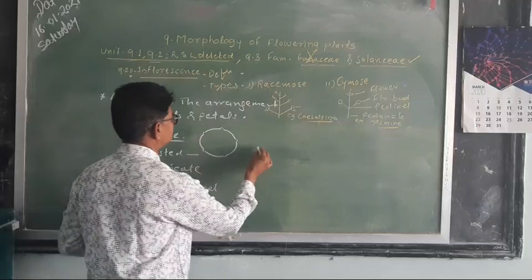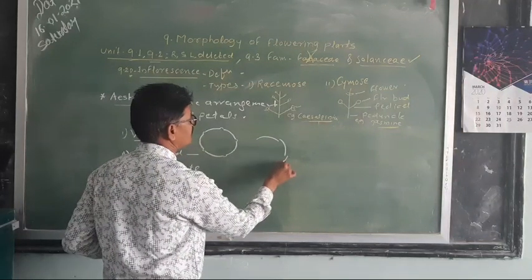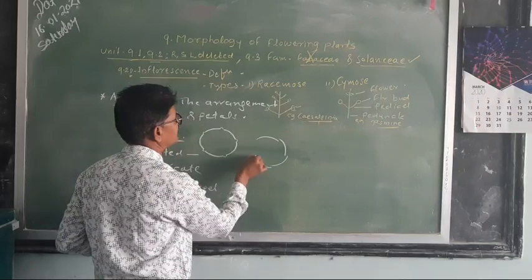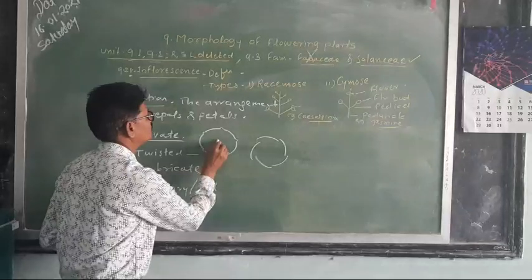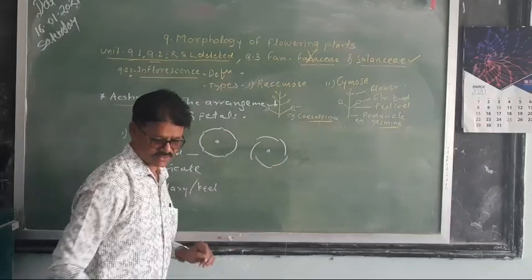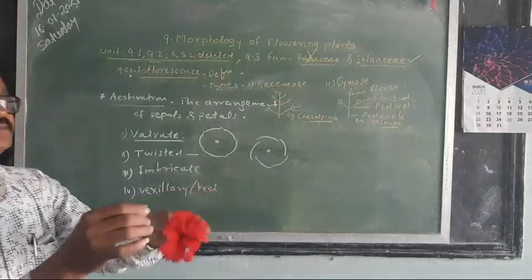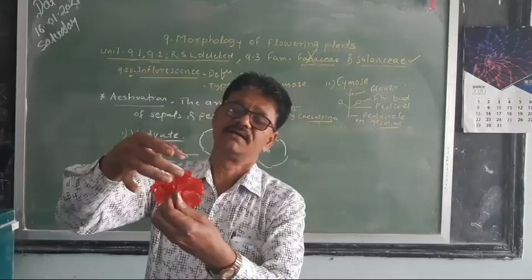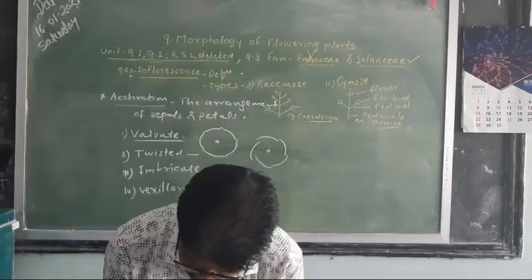Now second one is the twisted. In this, the margin of one petal overlaps the margin of the other petal, like this. At the center, the ovary is present here. Petals of China rose, you can see here this margin is overlapped by this.